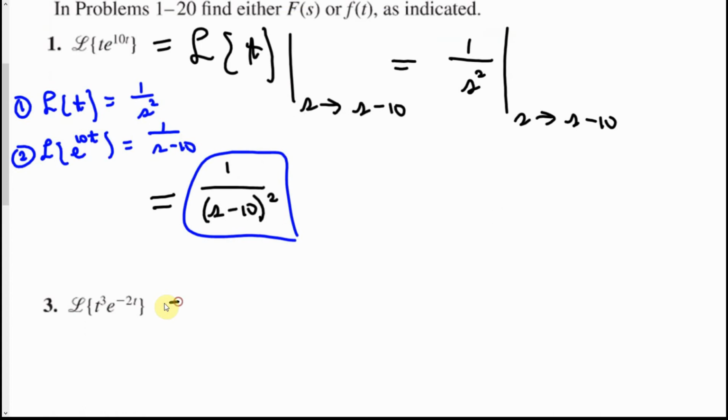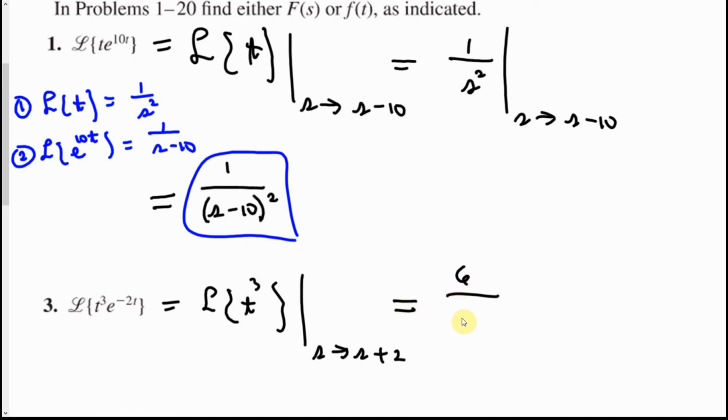The same thing here. We look at the Laplace transform of t to the third, and then s goes from s to s plus 2. This is e to the minus 2t. So this is 3 factorial, which is 6, all over s to the fourth, but then s goes from s to s plus 2.